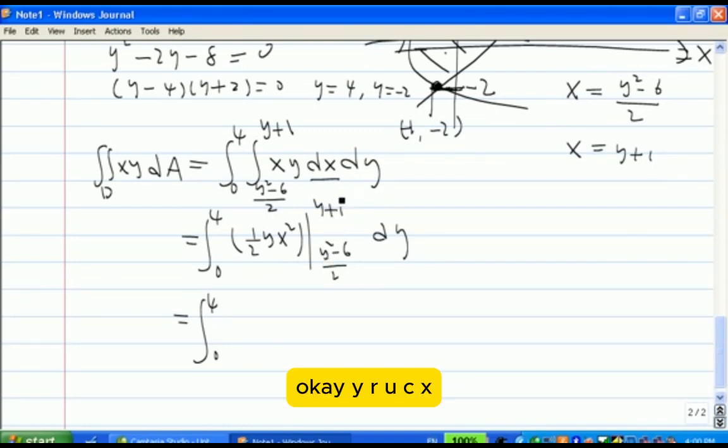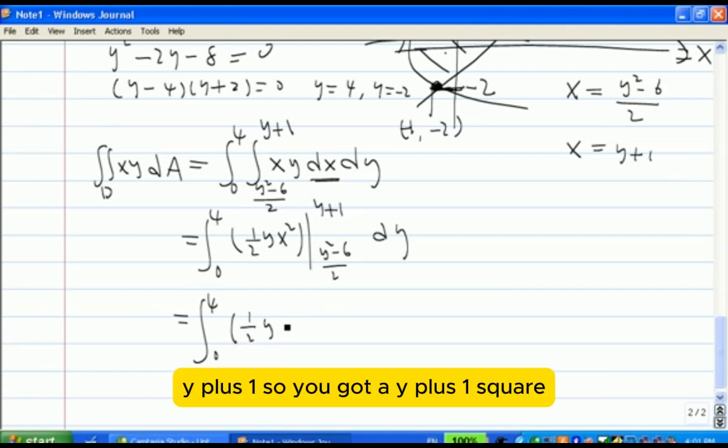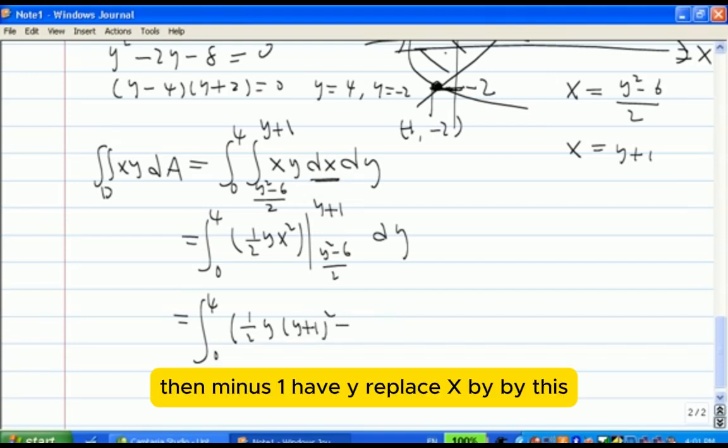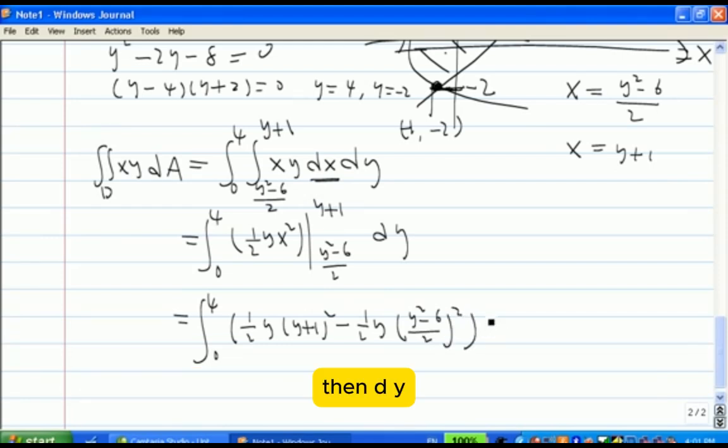Whenever you see x, replace x by y plus 1, so you get y times (y plus 1) squared over 2, then minus 1/2 y, replacing x by this, so (y squared minus 6 over 2) whole thing squared. Then dy.